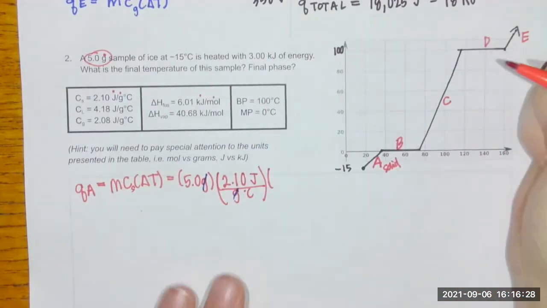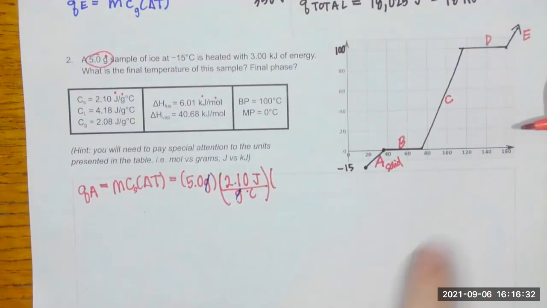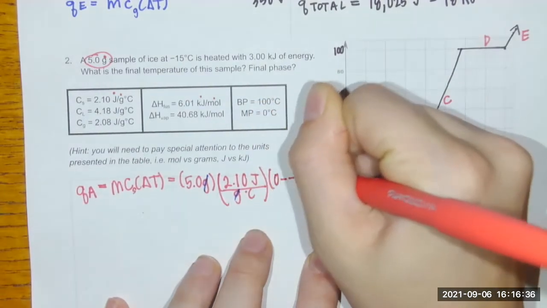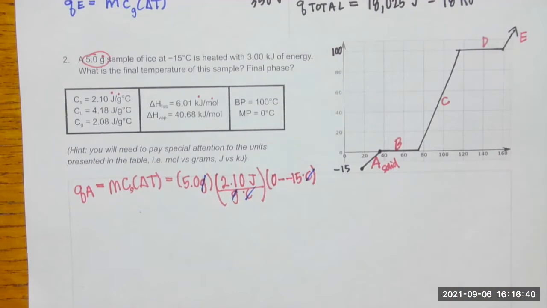And my change in temperature is from 0 to negative 15, 0 minus 15. That gets rid of Celsius.